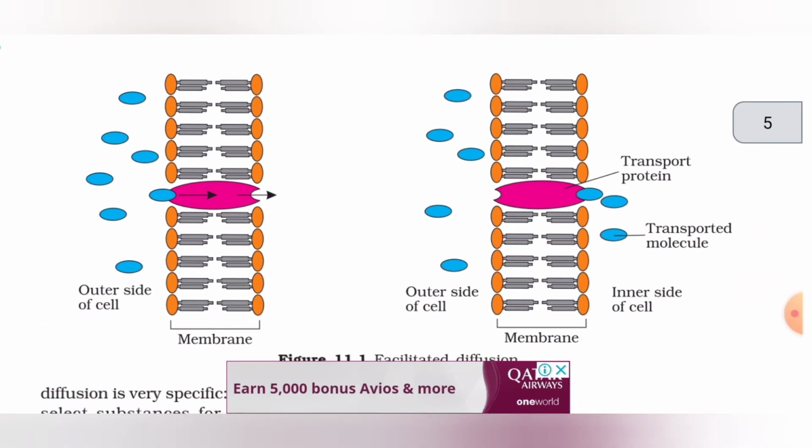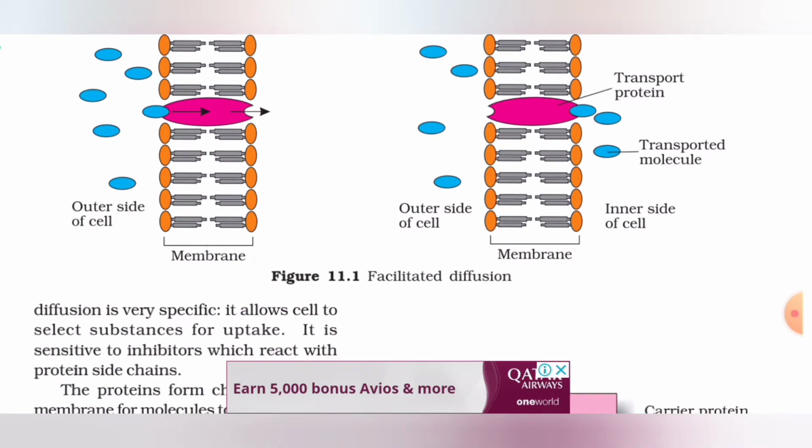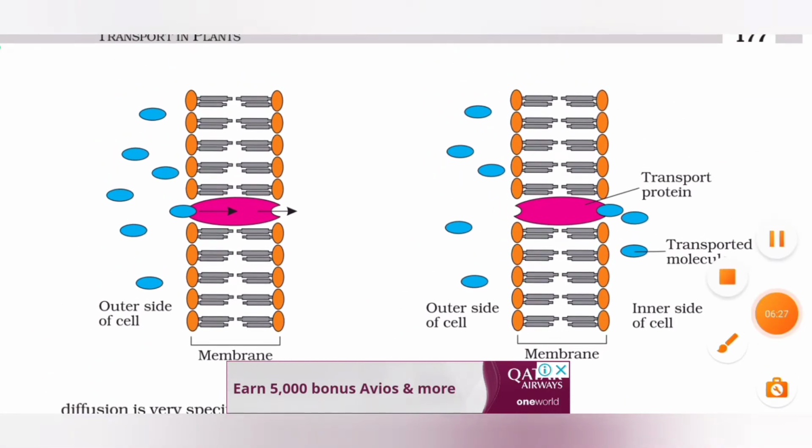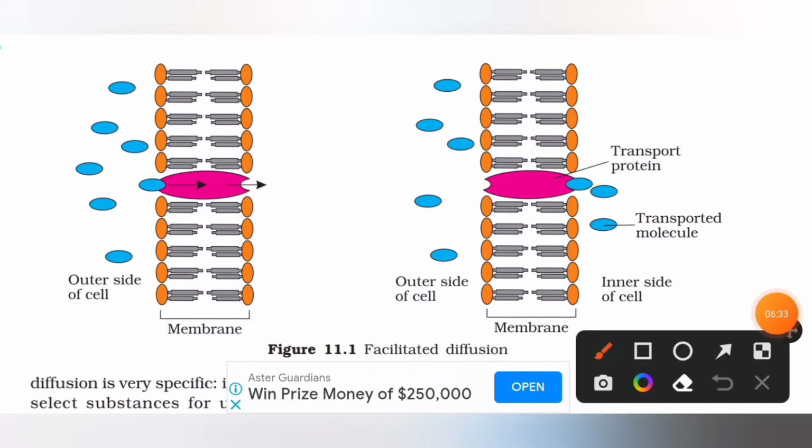Let us see here to understand the facilitated diffusion phenomenon by using a carrier. You can see the plasma membrane here, how the molecules are moving from one place to the other.